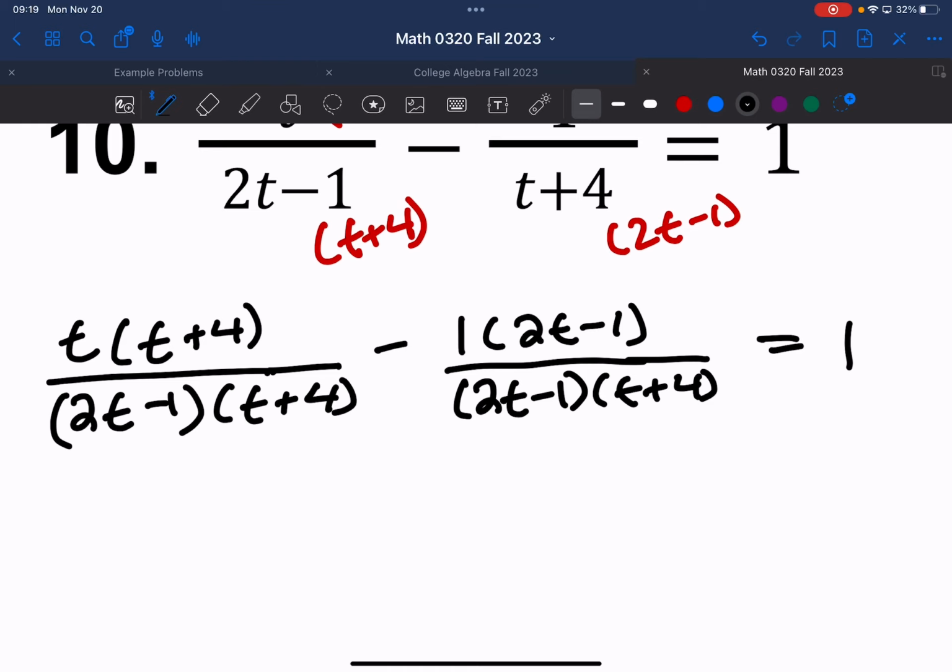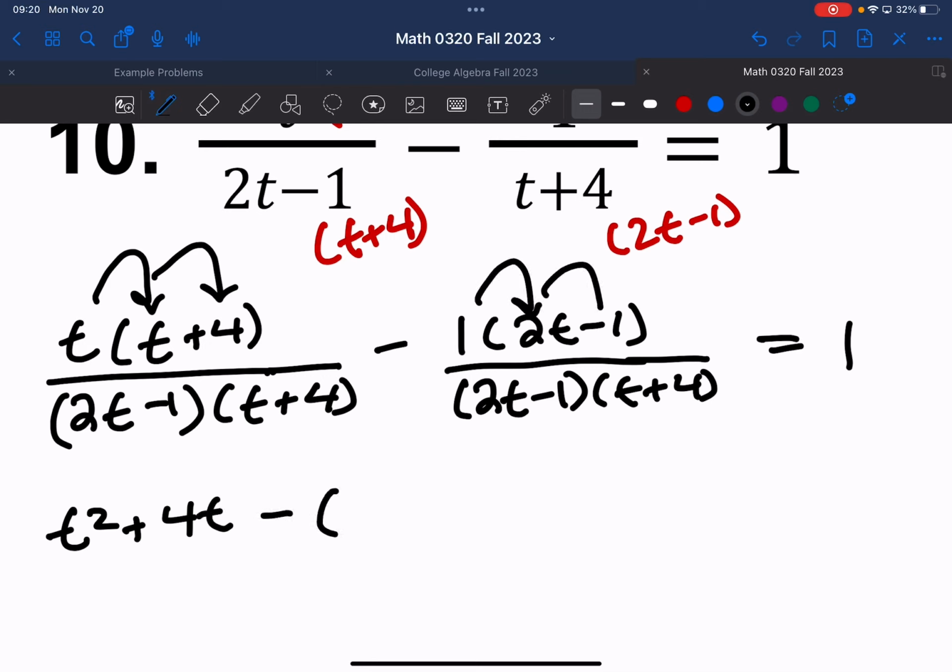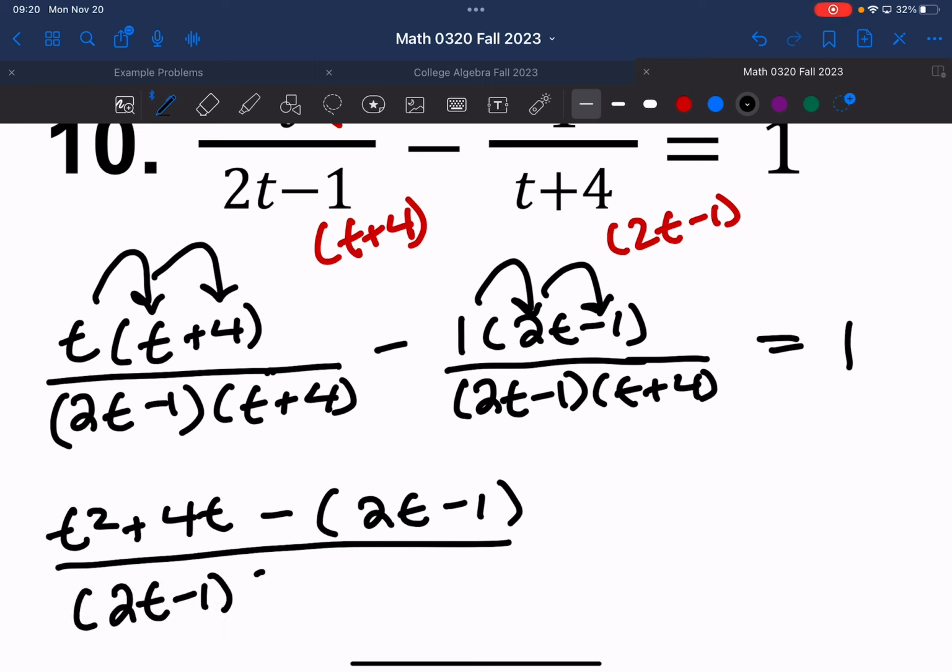So I have, first distributing in that t, t squared plus 4t minus, and then distributing in that 1, 2t minus 1. All over our common denominator. So 2t minus 1, t plus 4 is equal to 1.